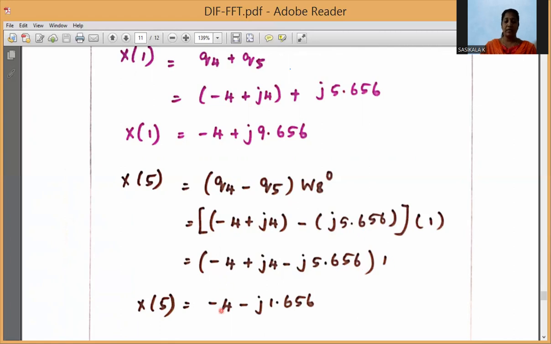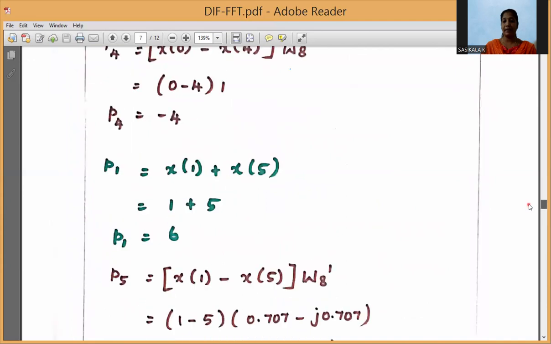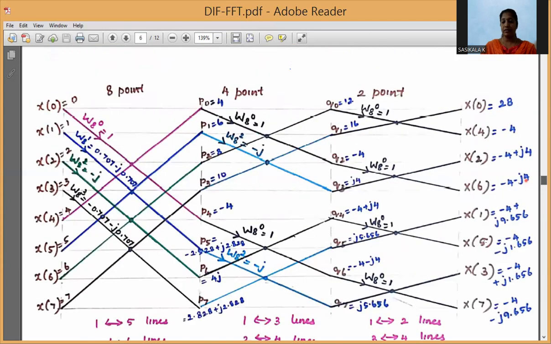So here minus 4 is the real part and here the imaginary part is, here I am having plus J4, whereas here I am having minus J 5.656. So subtract 5.656 and 4. So I am getting minus J 1.656. So X of 1's value and X of 5's value we have got and substitute in the butterfly diagram. Okay, X of 1 and X of 5.